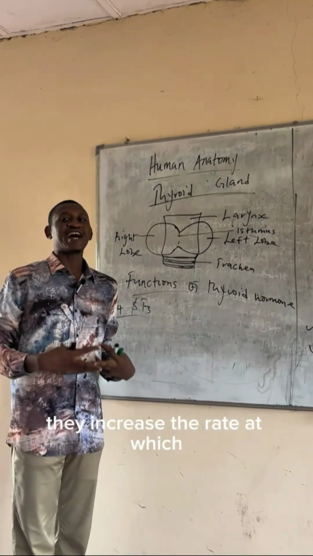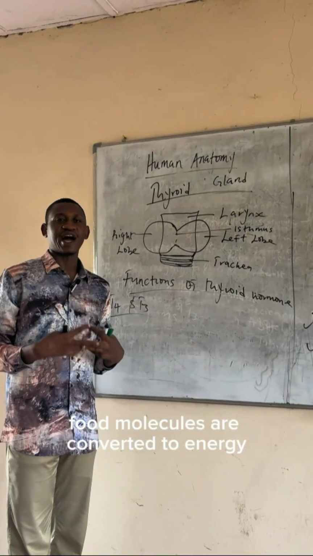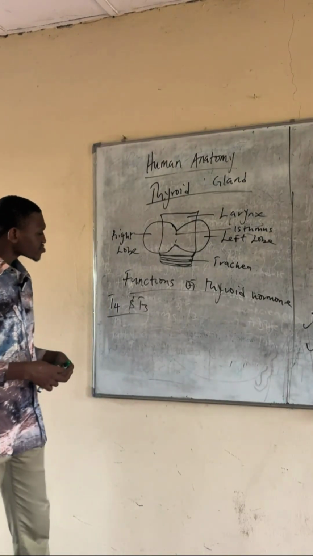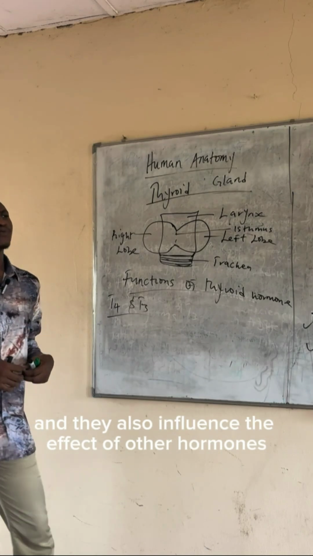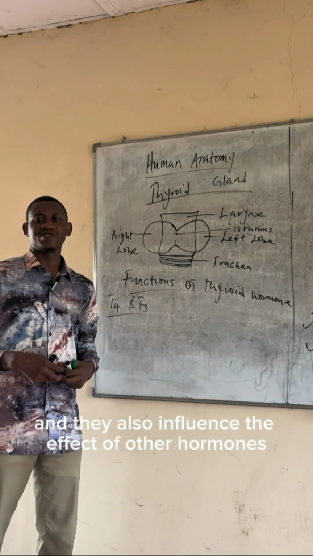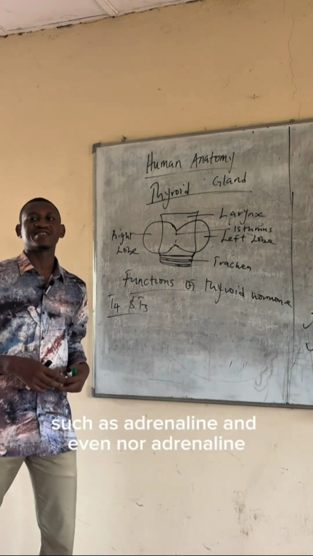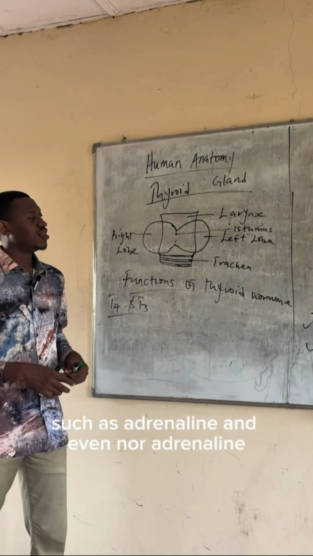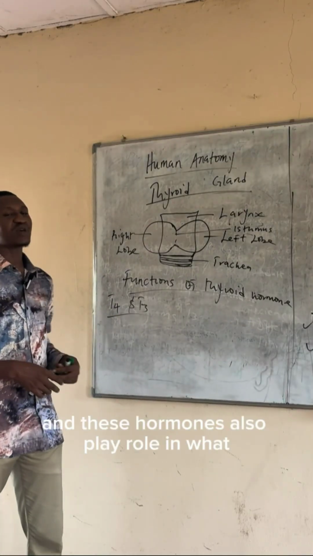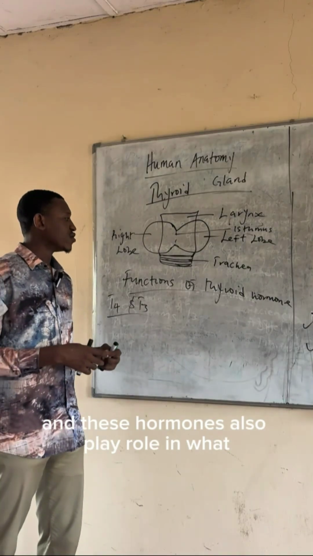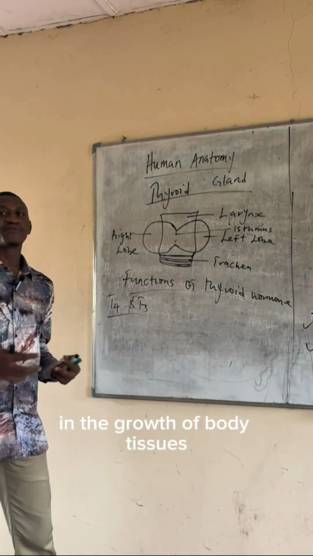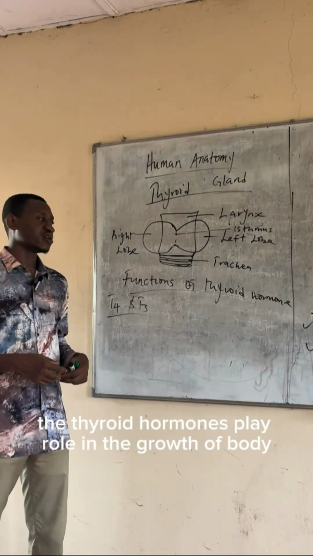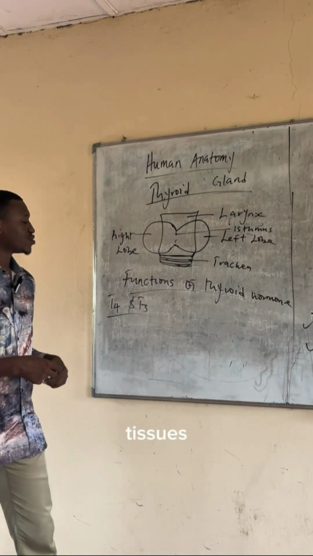They increase the rate at which food molecules are converted to energy in the human body. They also influence the effect of other hormones such as adrenaline and noradrenaline. And they play a role in the growth of body tissues.